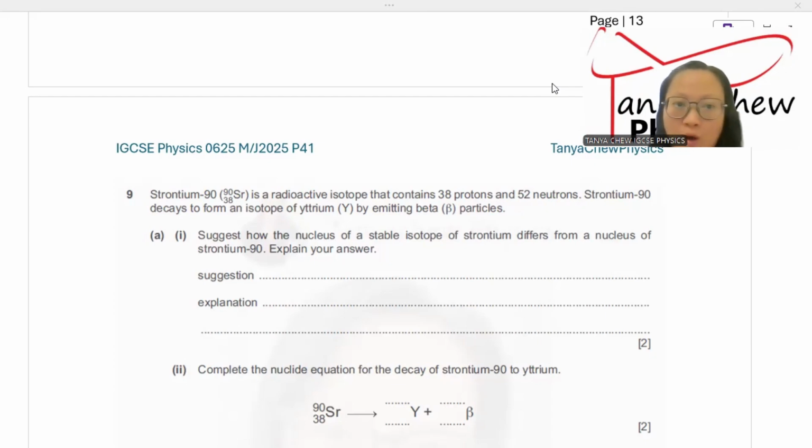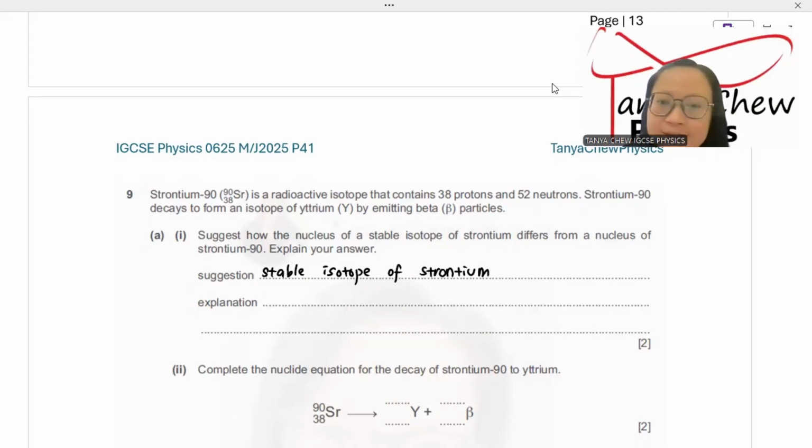It has to emit one electron, so a neutron of the radioactive isotope will be converted to a proton because it has excess neutrons. So I would say that the suggestion is: a stable isotope of strontium has a lesser number of neutrons as compared to strontium-90.